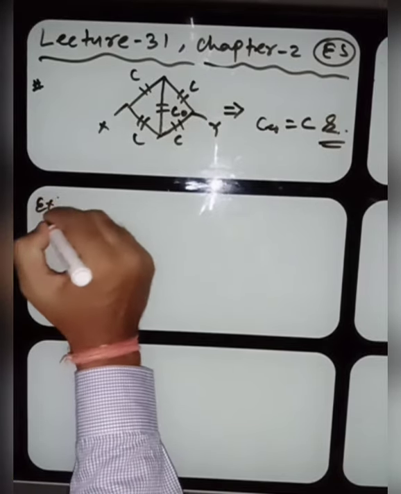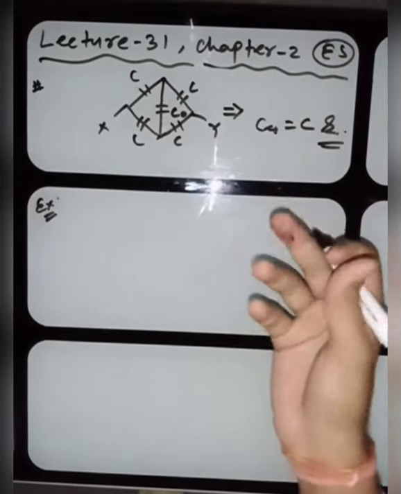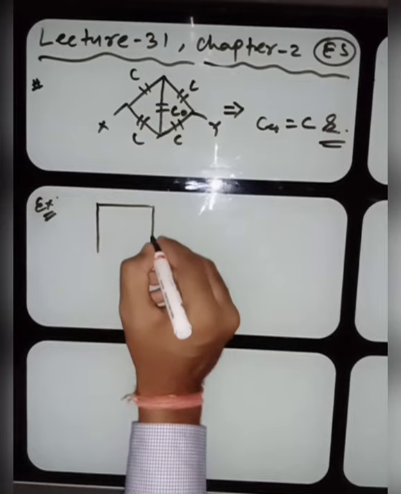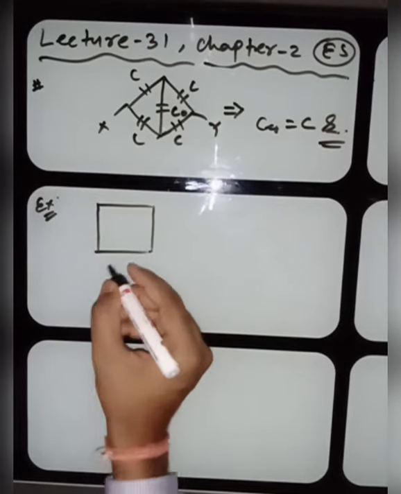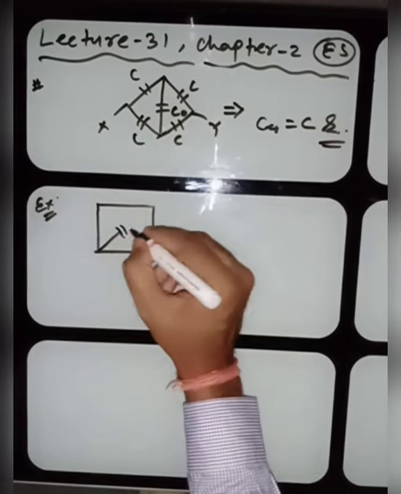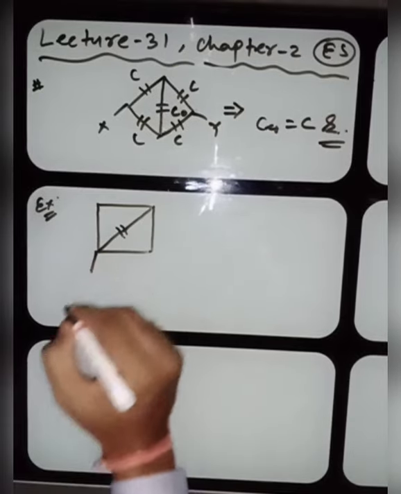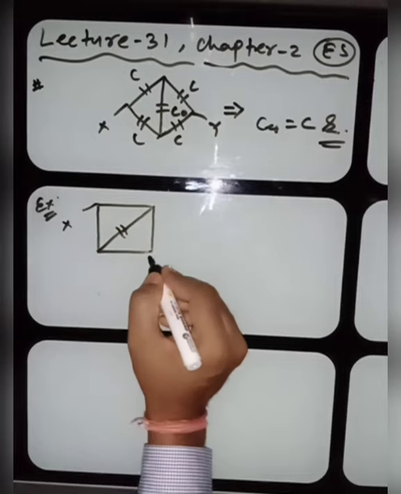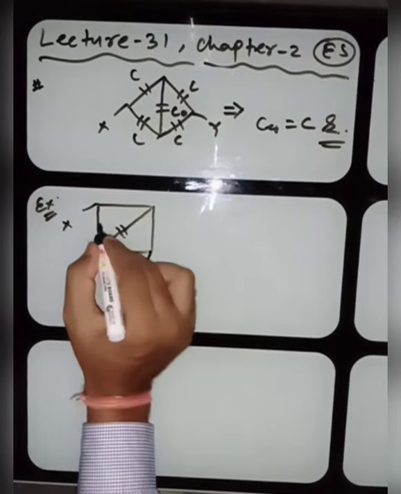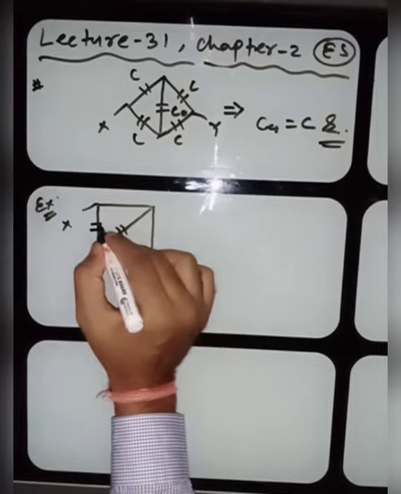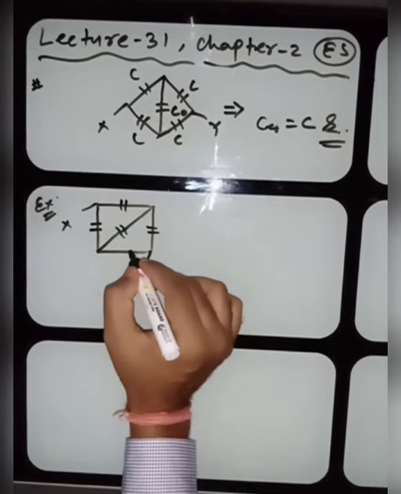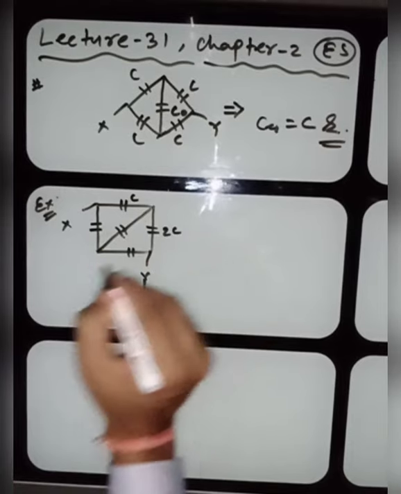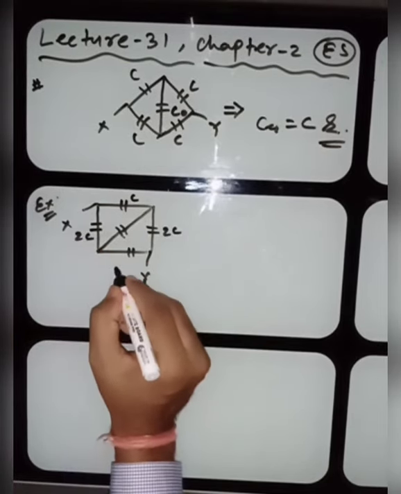Okay, now another example. Here I am showing you a few Wheatstone bridges. You have to tell me whether this is a balanced Wheatstone bridge or not. Here I am taking the points X and Y. This is C, 2C, 2C, 4C.